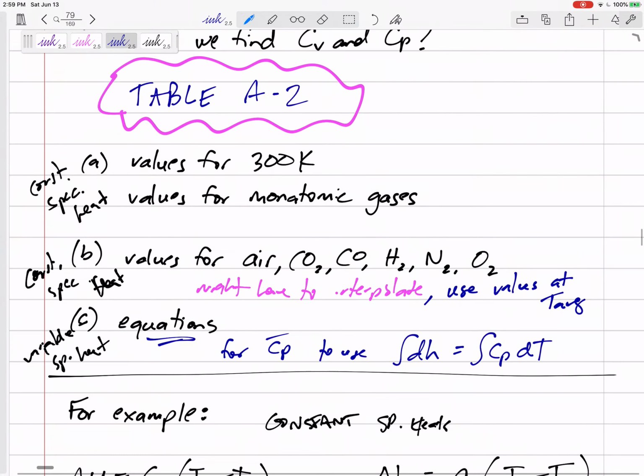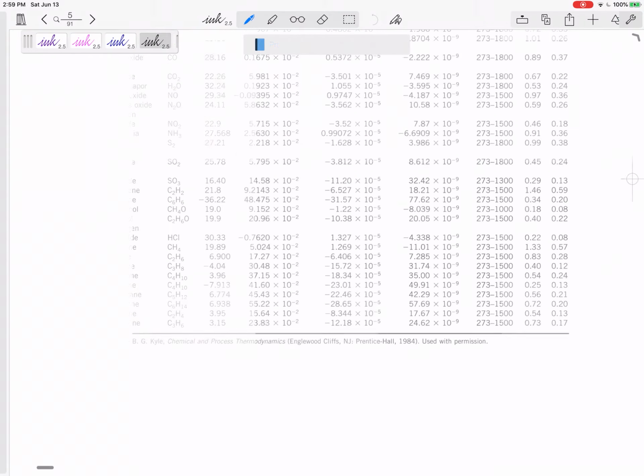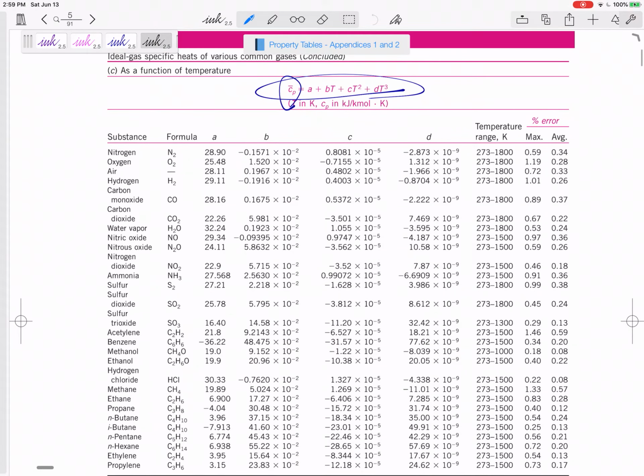Okay, let's look at table A2C, property tables. This one right here. This one is complicated, and it's a lot of work for probably not much benefit. Now, this is going to be the most accurate CP value that we can get.